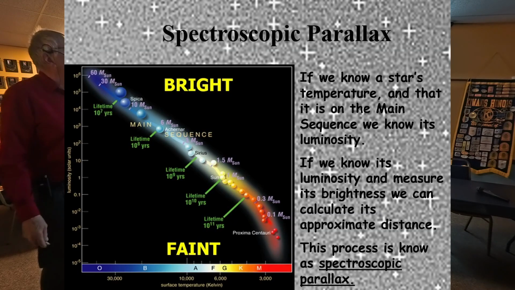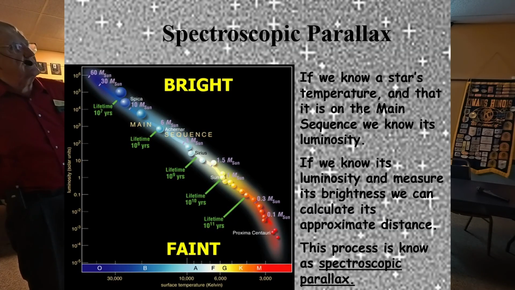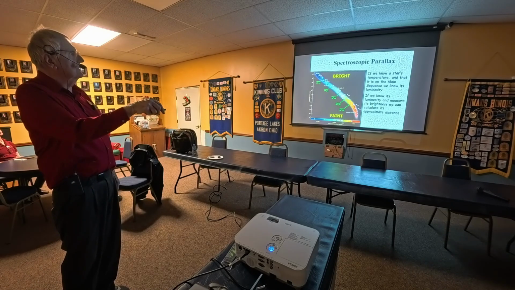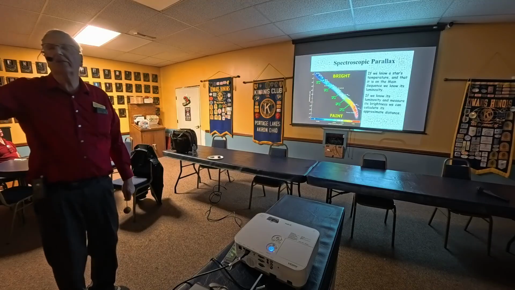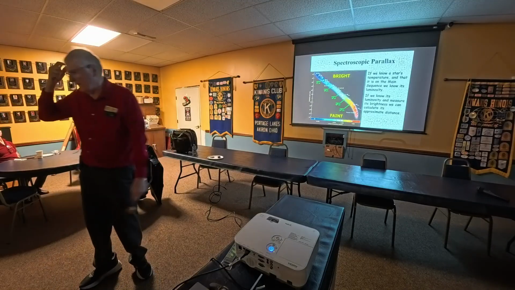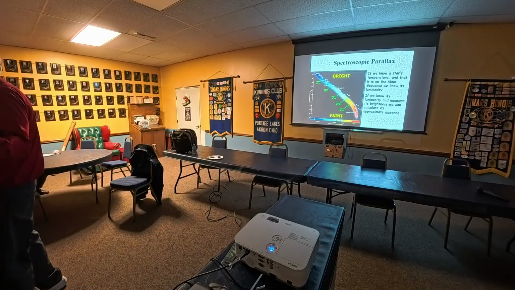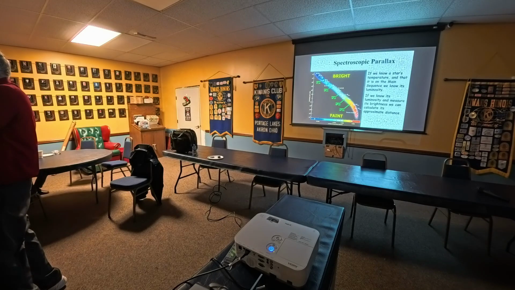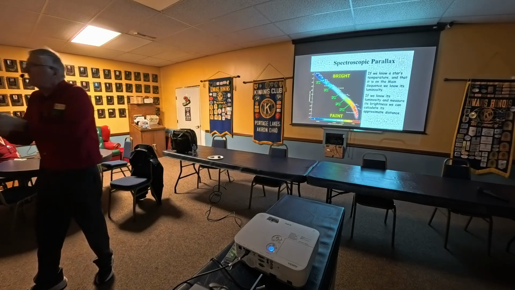Okay? So if we know a star's temperature and it's on the main sequence, we know its luminosity. Stars, for the most part of their lives, are going to be on the main sequence and they're burning hydrogen in their cores. Okay?